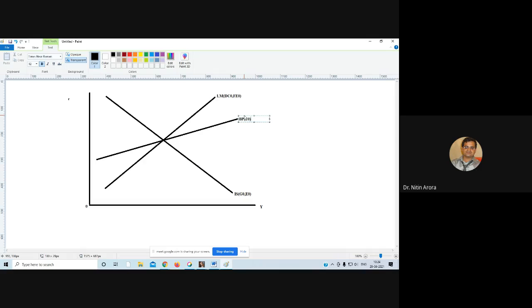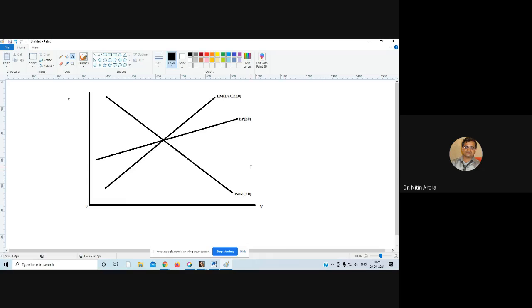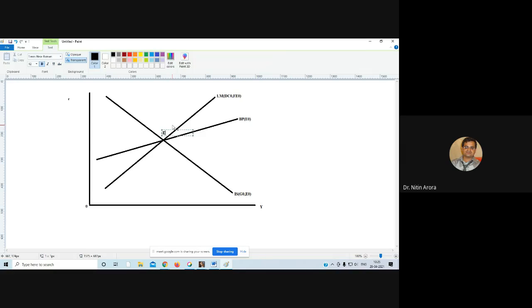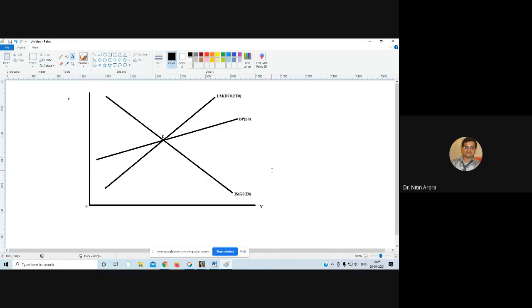If you people have any issue regarding the components of IS, BP, and LM, we may discuss. The point at which these three curves are intersecting each other, that is point E, is called the point of general equilibrium.